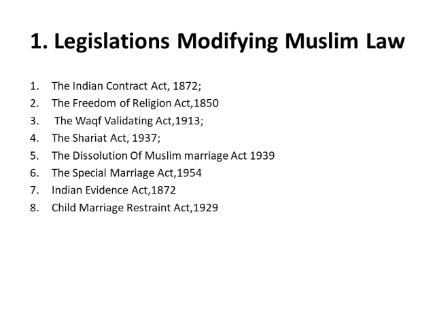The legislative enactments that have modified or abrogated the Muslim law are the Indian Contract Act of 1872, the Freedom of Religion Act 1850, the Waqf Validating Act 1913, the Shariat Act 1937, the Dissolution of Muslim Marriage Act 1939, and the Special Marriage Act 1954, when a Muslim solemnizes or registers his or her marriage under this act.